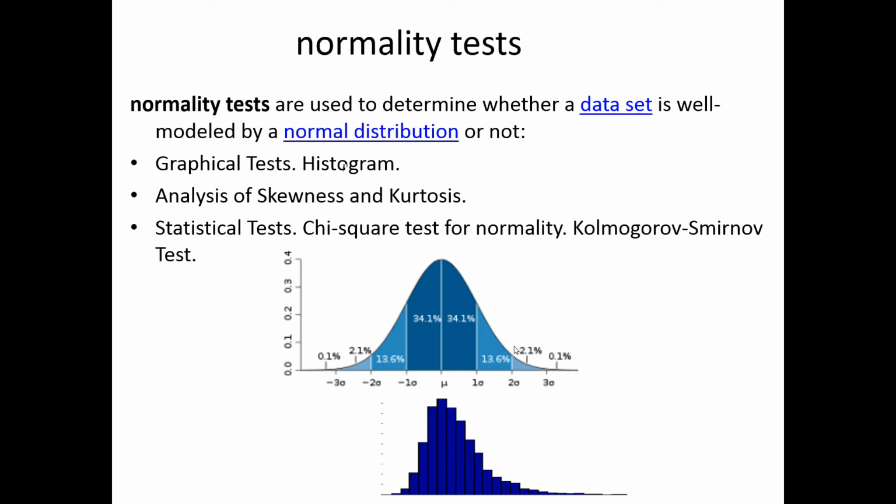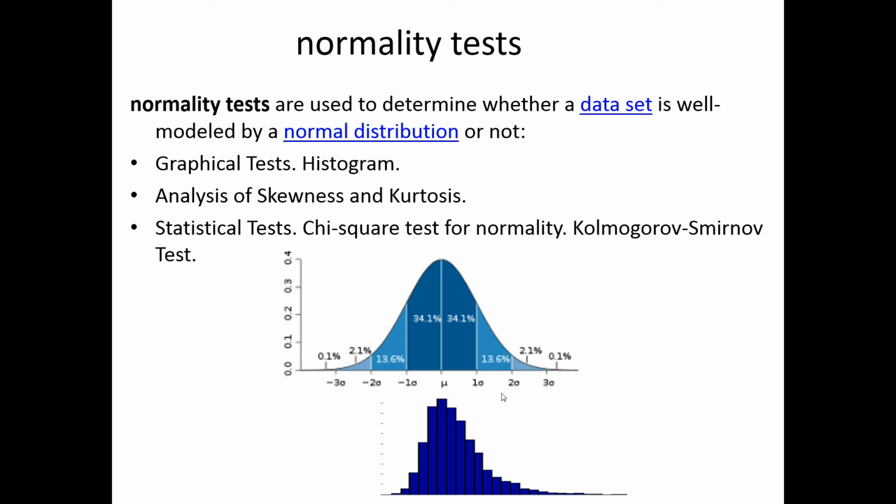Okay, but what happens if it is not? There are many ways to test if your data is distributed in a Gaussian way. The simplest is just looking at your data. Plotting your data in the form of histograms, for example, can give you right away a good idea if it is Gaussian or not.